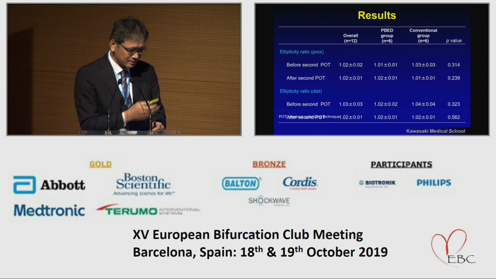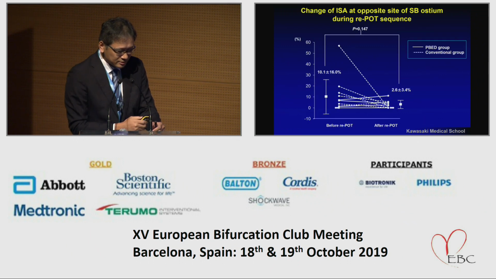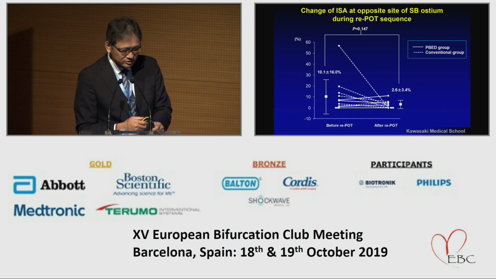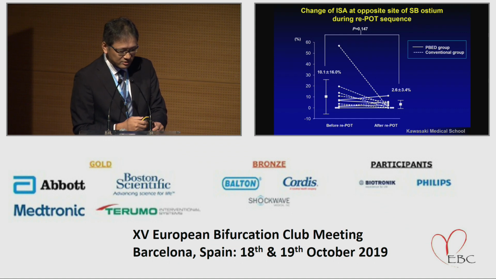This slide shows the change of rate of malapposed stent strut at the opposite side of the side branch ostium. As you can see, the malapposed stent strut was numerically decreased during the second POT procedure.